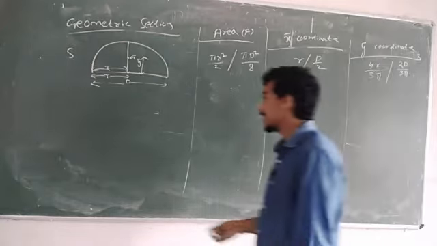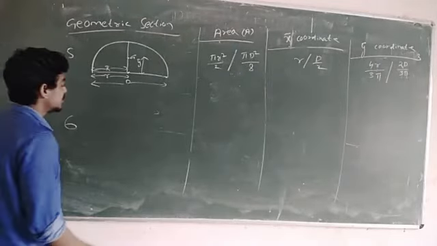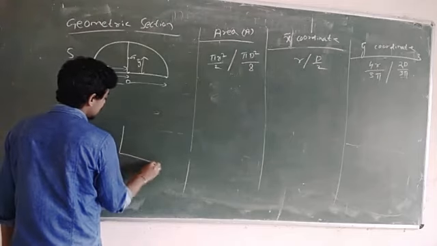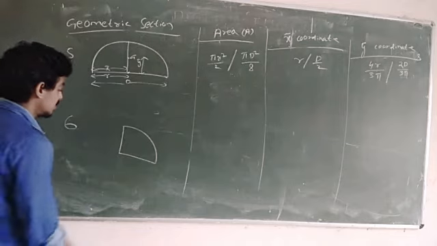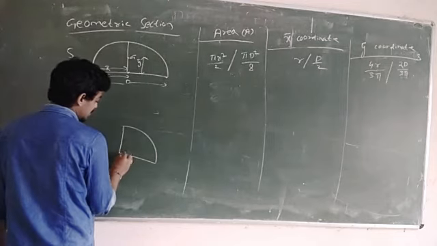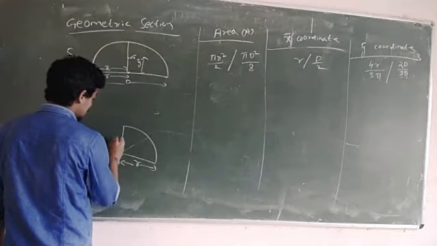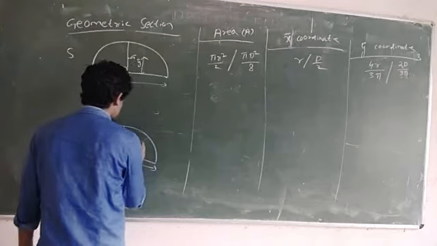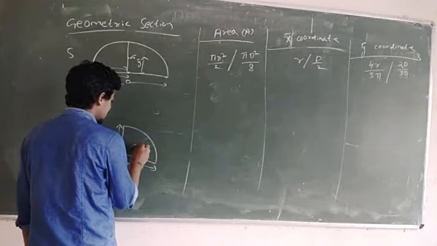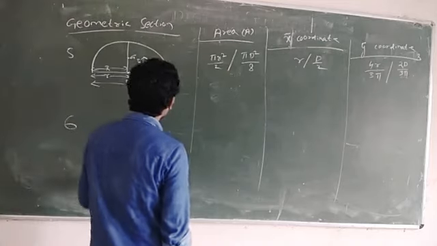Next, the last section, it is of lesser use, but still you should know, is the quarter circle. In the quarter circle, suppose your radius is r, okay. Suppose the center of gravity is somewhere here. So what will be our area?